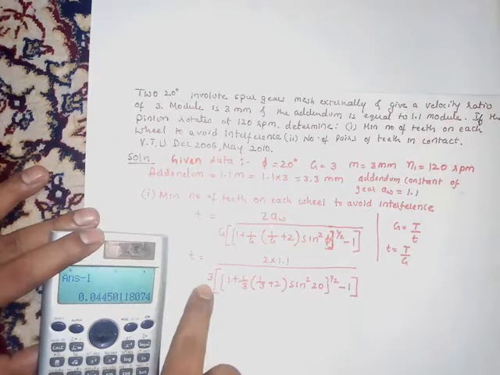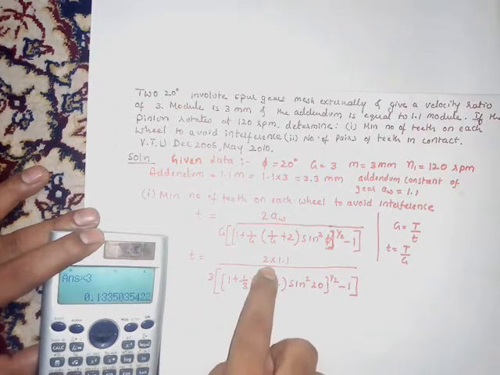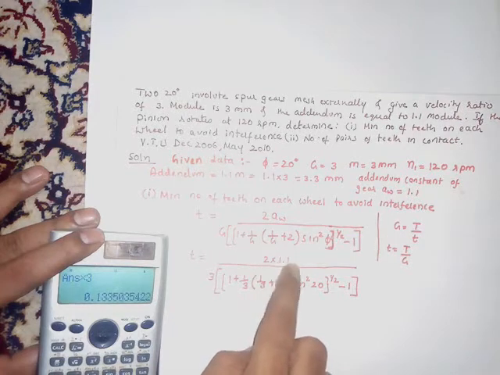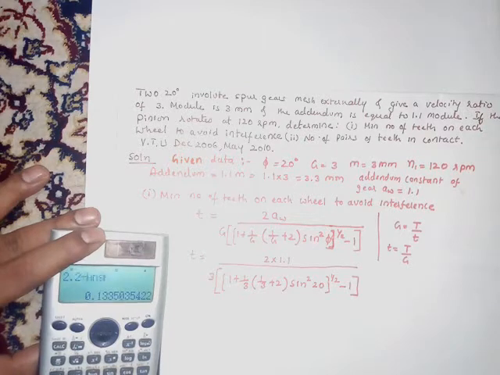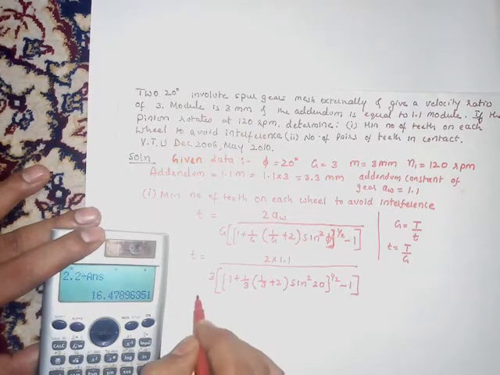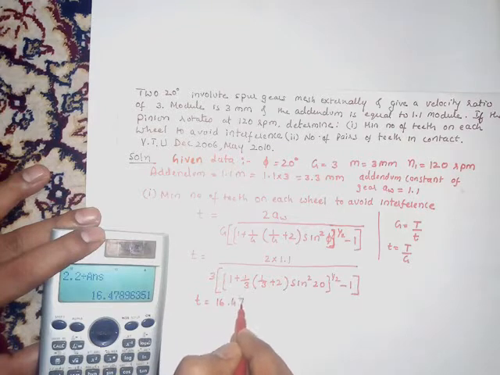So there is 3 here, multiplied by 3 there is numerator 2 into 1.1 is 2.2, so it is 2.2 divided by answer is 16.47. So the value of t is 16.47.